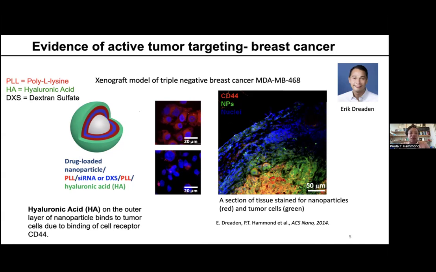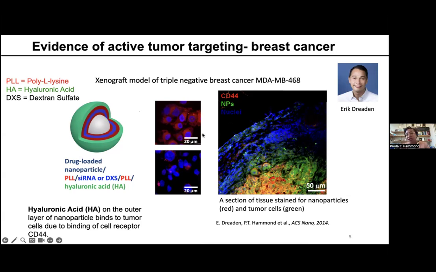But it also has a binding affinity for a receptor, a protein receptor on cancer cells, CD44. It's highly overexpressed on these cancer cells. And for that reason, these nanoparticles may avoid healthy cells fairly well, but they are able to engage with cancer cells, as you can see by this image here, where the red nanoparticles are associated in the cell.